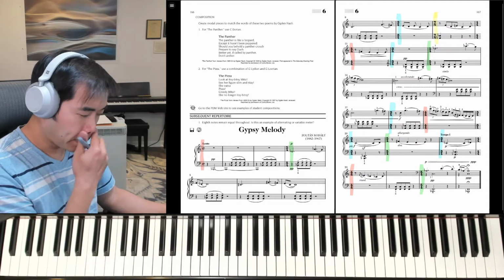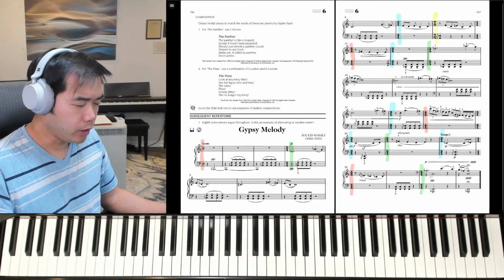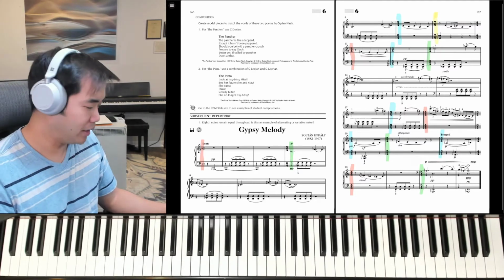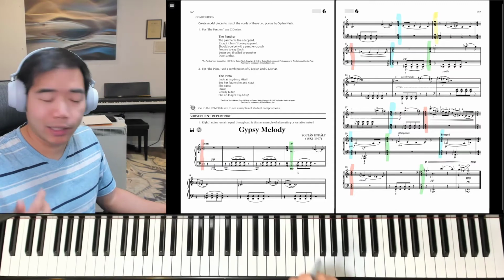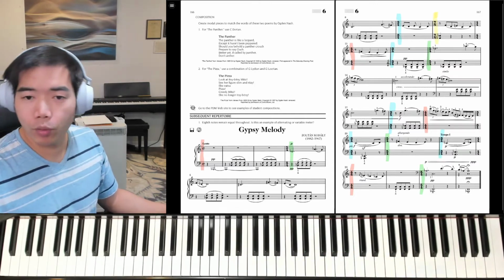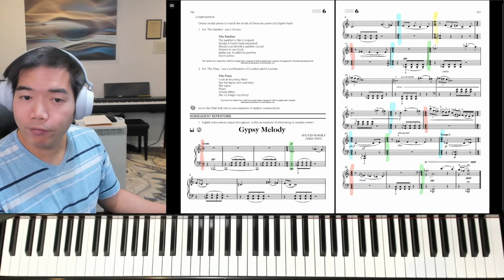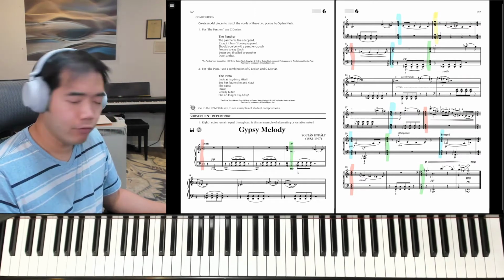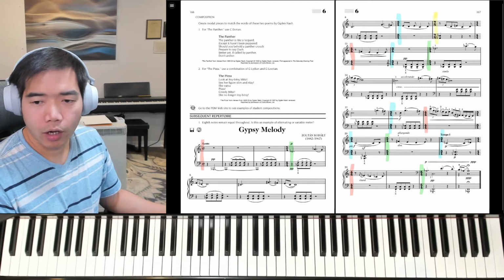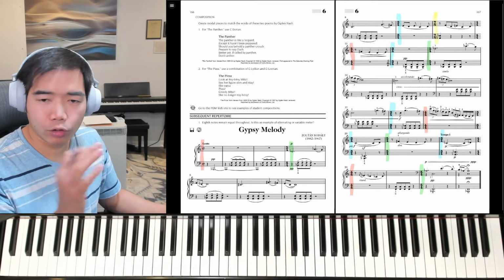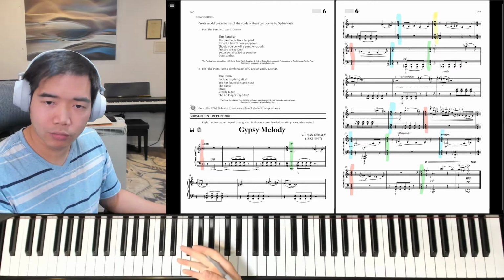Okay, so let's talk about how to count in these different time signatures. In 4/4 time, you're just going to count 1 and 2 and 3 and 4 and, pretty standard. When you get to 5/4, you're going to do 1 and 2 and 3 and 4 and 5 and. Now 5/4 time is always a compound time signature where you have either a 3 plus 2 or 2 plus 3 feeling.